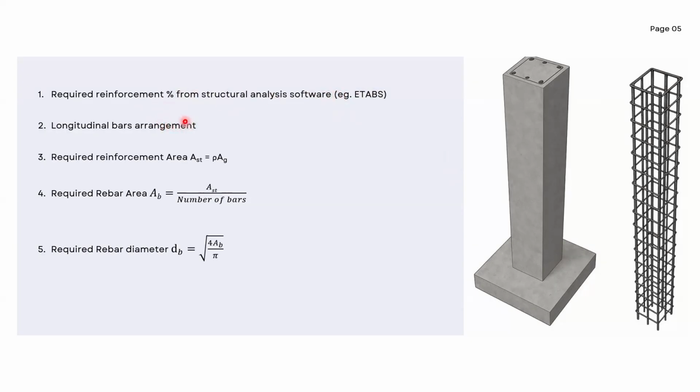Then we draw the arrangement of the rebars required, and then we find the total area of reinforcement based on the percentage, which is rho. And then depending on the number of bars, we get the required area of one bar and then the bar diameter. So we will be doing a practical example.